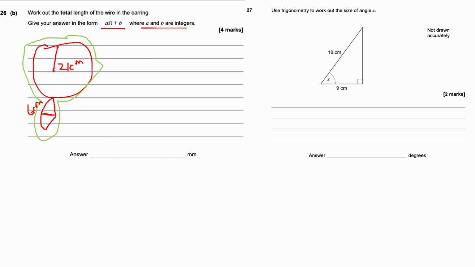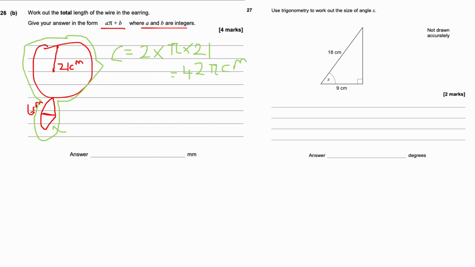So if we work out the circumference of this circle, the circumference is pi times diameter, or 2 times pi times the radius, and this does appear on your formula sheet for the 2022 exams, times 21. So that's going to equal 42 pi centimeters, so that's the first part.